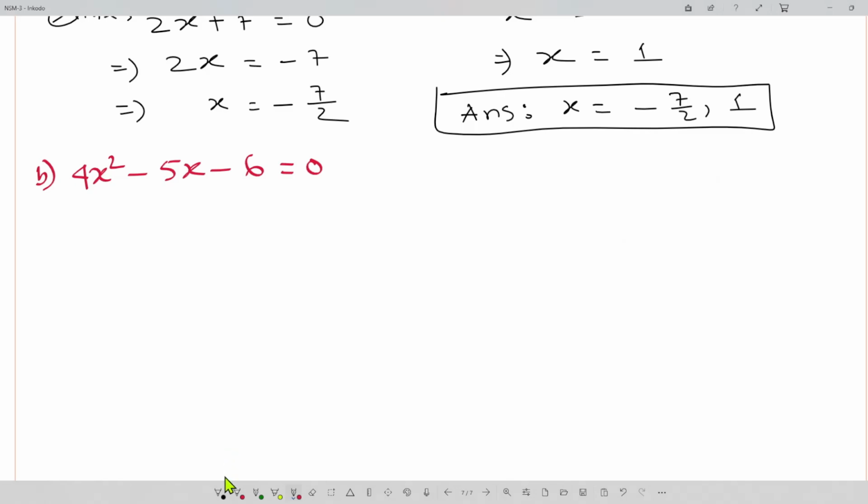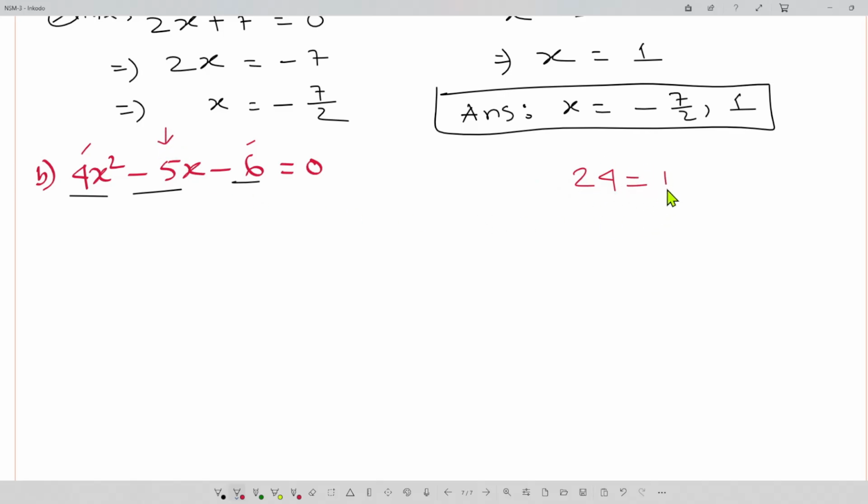Number B, 4x² − 5x − 6. Look here, 4 times 6 is 24. We have to find two numbers which when multiplied give 24, and by addition or subtraction give −5x.